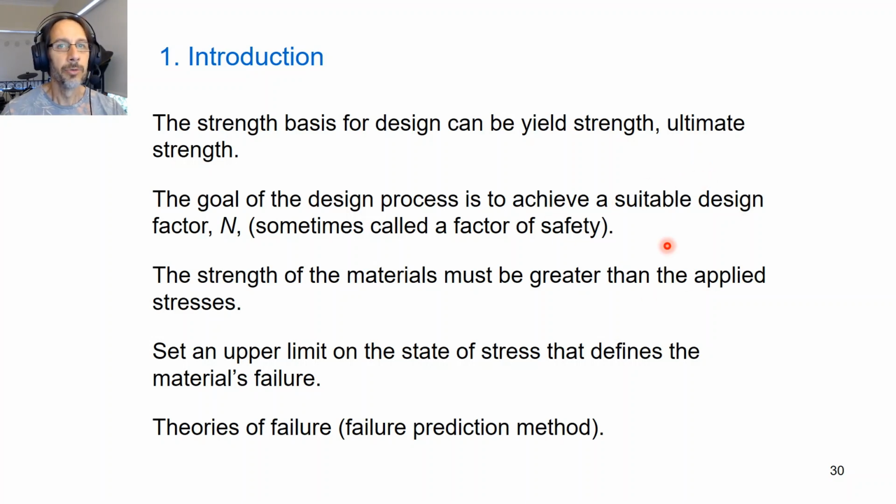So we need to cater for students with all of those different backgrounds. The goal of the design process is to achieve a suitable design factor or a factor of safety, and the strength of the material must of course be greater than the applied stresses.